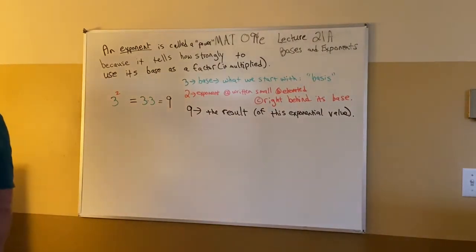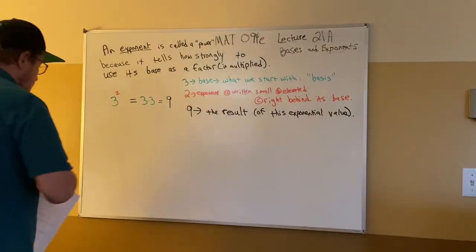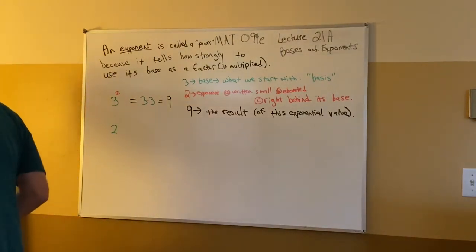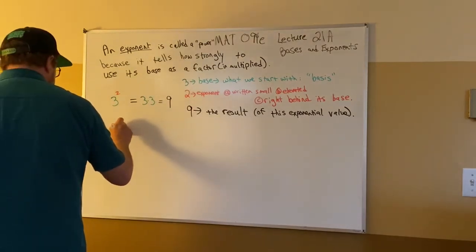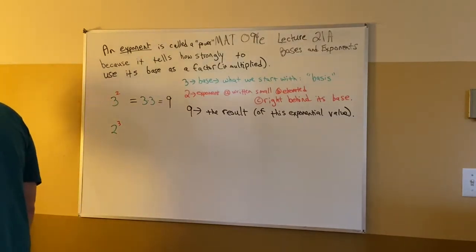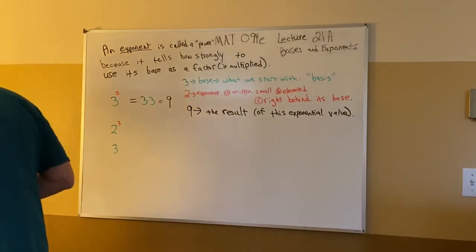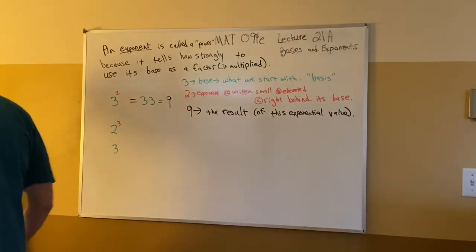So now what I want to do is set up several of these things. I want to set up 2 with an elevated 3 behind it. I want to set up 3 with an elevated 2 behind it.